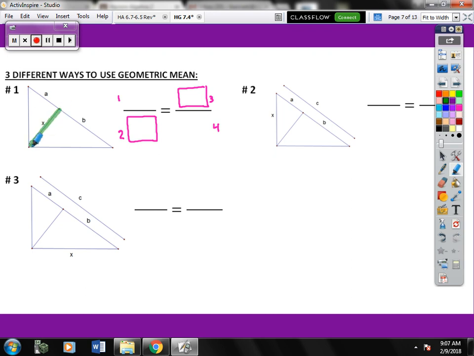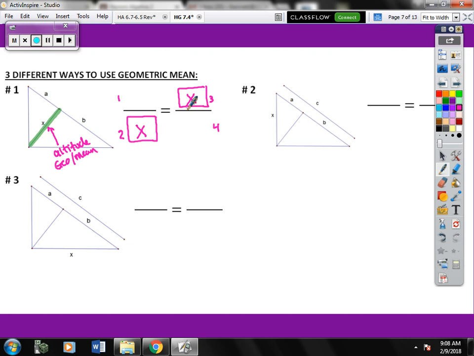So in this instance, X is the altitude that I'm going to look at. X is also my geometric mean. So X would go in slots 2 and 3. The altitude or the geometric mean goes in those 2 slots.